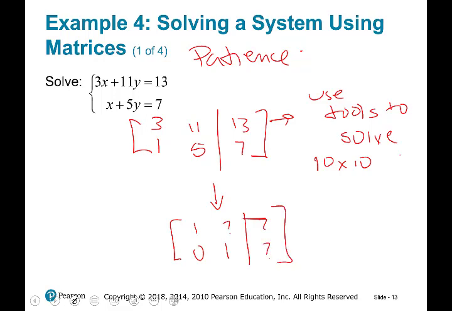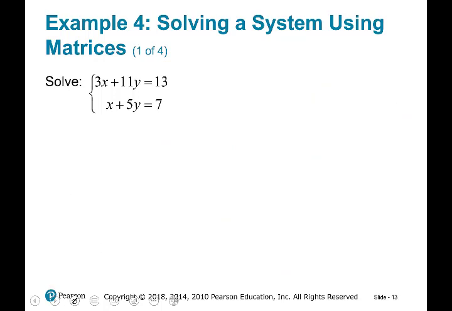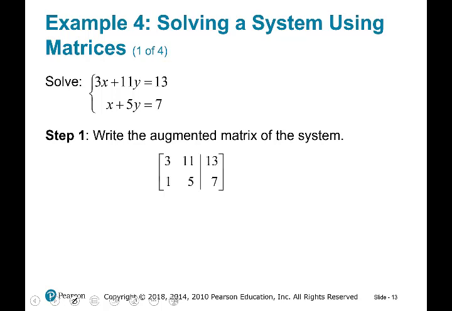This will mean that y is equal to this number, and then I will be able to solve, right? This is my target. Okay, so this is the matrix of this system of equations.